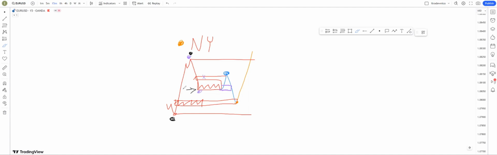This can be, let's say, a T2 or even building up more internal liquidity. So you can expect price to come here, and during New York, you can just take it directly, or let's say just wait for some kind of confirmation.